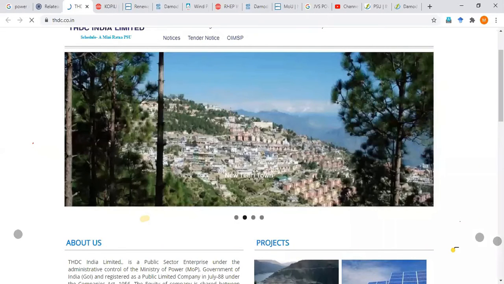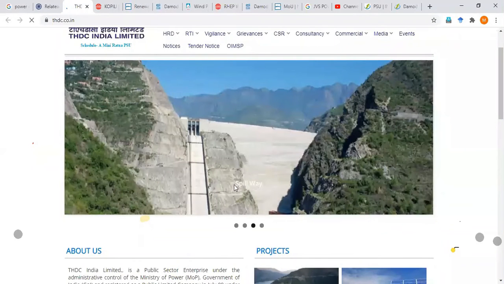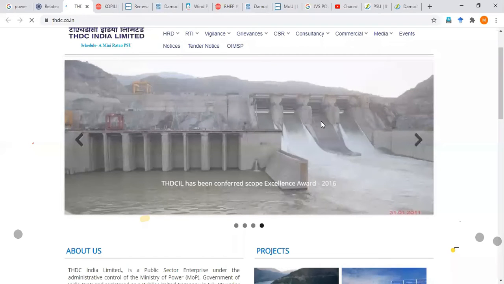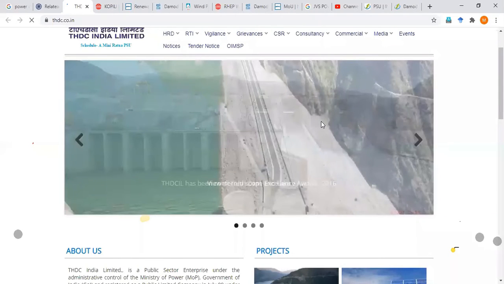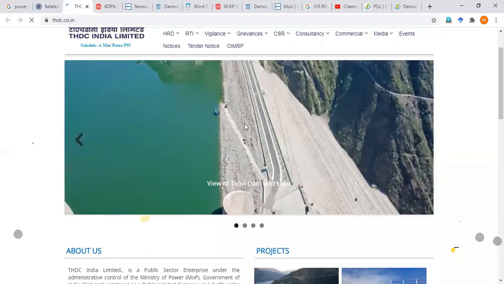This is almost one of the largest dams in India. This is the wall of the dam. As I said, natural resources are being utilized fully to select the site for the hydropower station. This is the dam site. From this picture, you can see how big the power plant is.